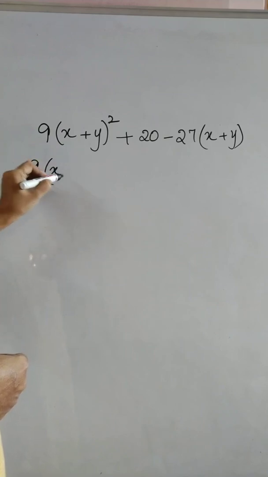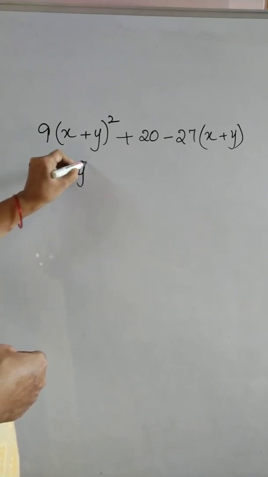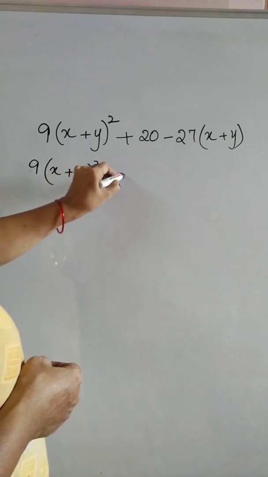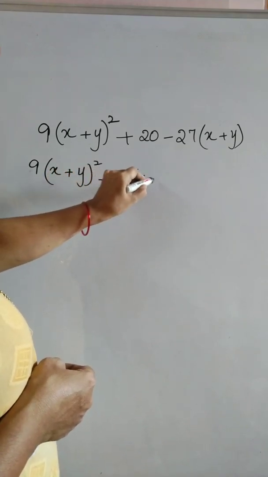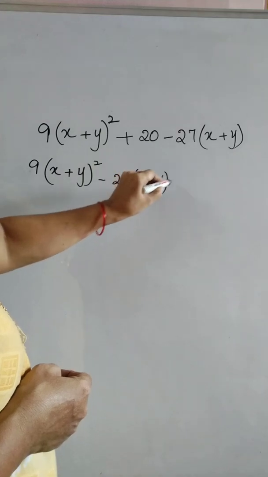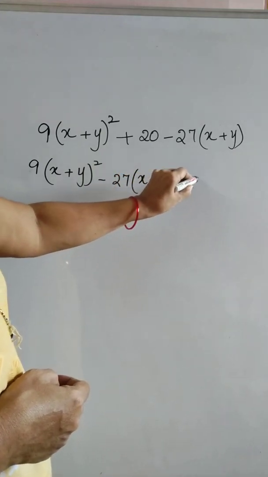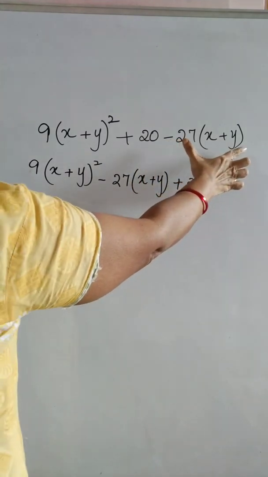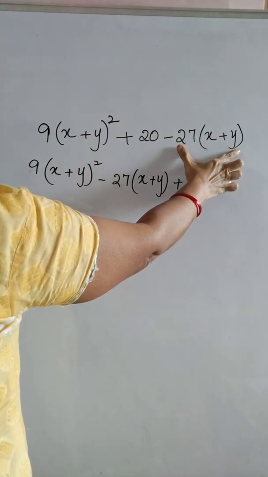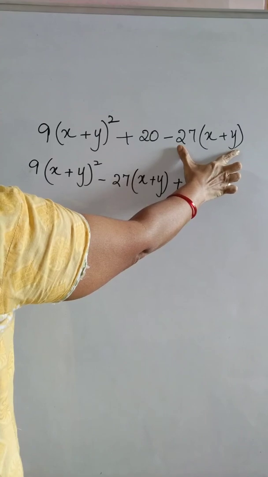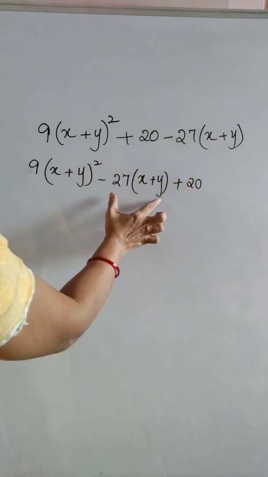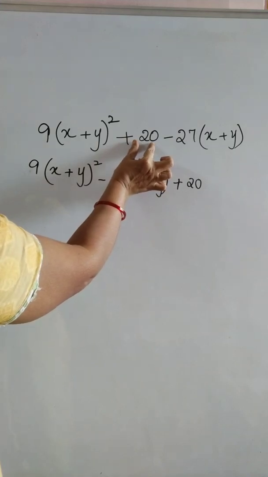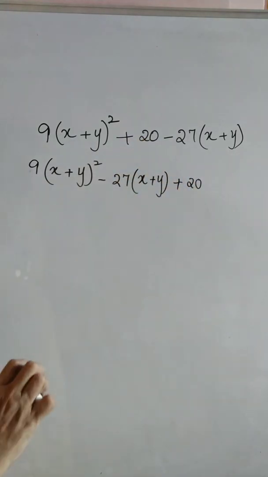We can write it as 9 into x plus y whole square minus 27 into x plus y plus 20. So I just kept it in descending order according to the powers. I have written 27 into x plus y in the middle, and I kept the constant, plus 20, at last.